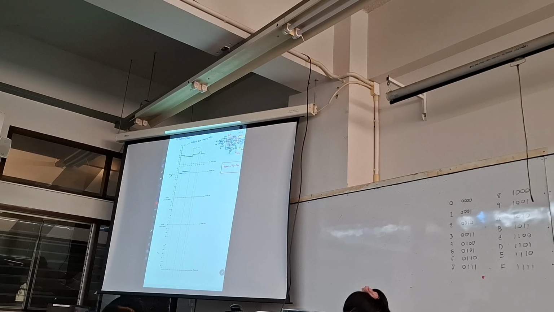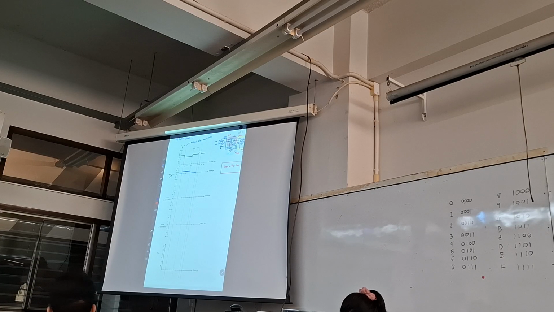What is the next? The next is also 5. 5 minus 5 is equal to 0. The next step is 5 minus 6. 5 minus 6 is equal to minus 1. So you will have a minus 1 here.